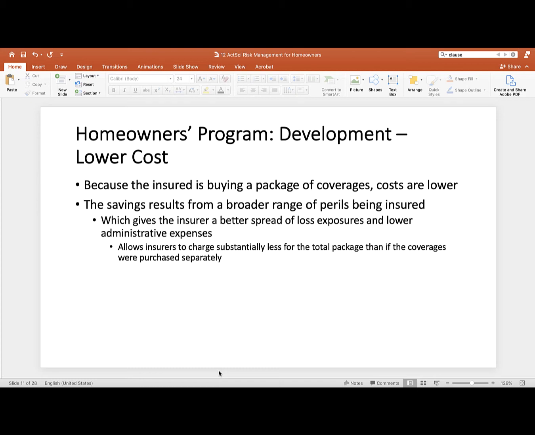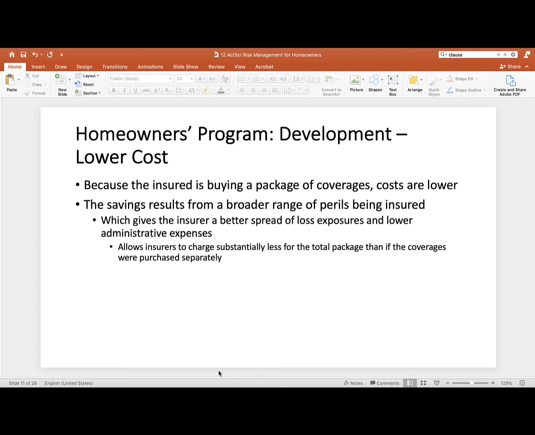The savings result from a broader range of perils being insured, which gives the insurer a better spread of the loss exposures and lower admin expenses. If I'm the insurer and I'm selling you one policy for the actual building, another policy for the contents, another policy for liability, if someone slips and falls and breaks their leg or something, I have a lot more admin expenses. If I sold you one policy, my administration expenses would be lower.